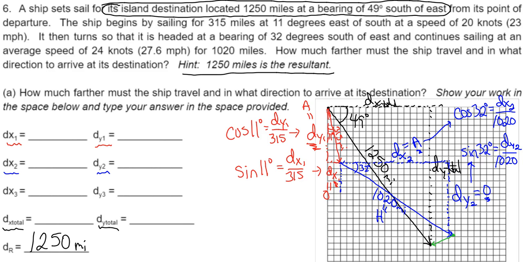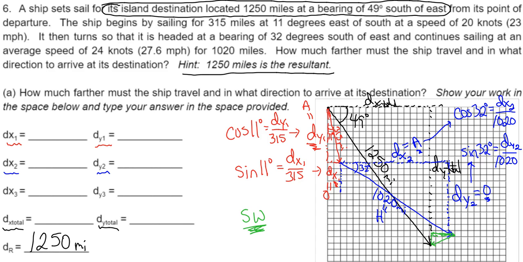I can tell the direction because I know that I've overshot here. So I'm now going to head at a bearing of, it looks like, southwest. I still need to go a little bit further south, but I now need to turn and go west. So southwest is going to be my final direction.